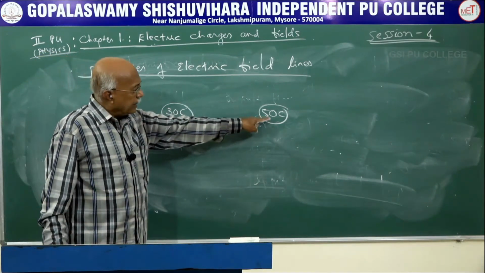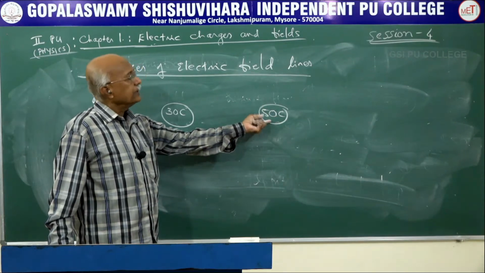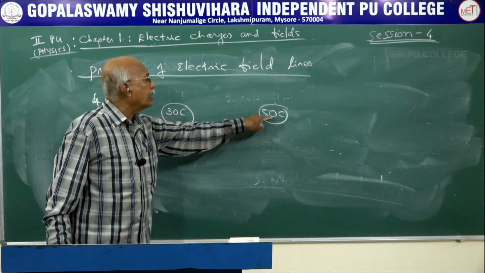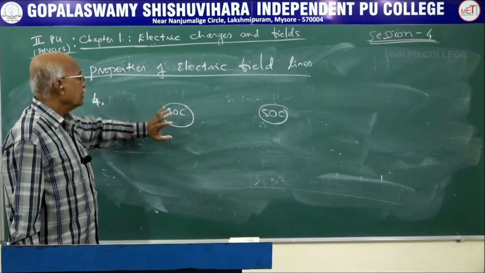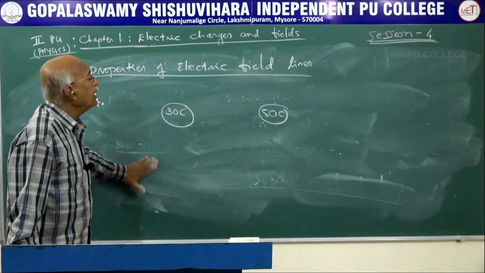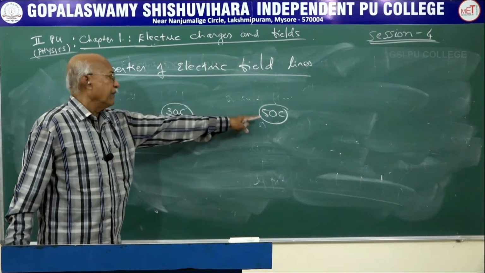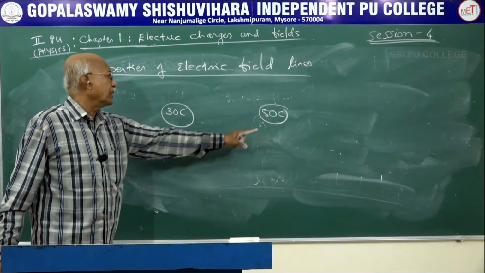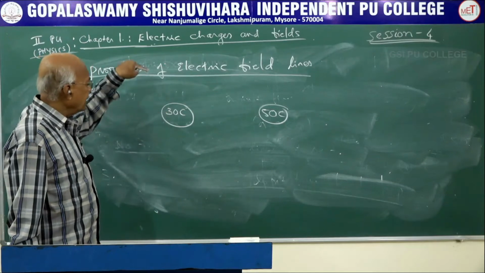The amount of charge present here is more. The more the charge, the more the electric field line strength. The less the charge, the weaker the electric field lines. So the electric field line strength will be more where the amount of charge present is more, and weak where the charge is less.